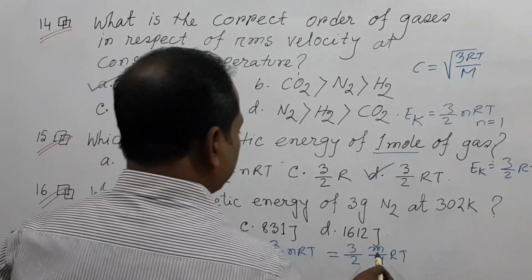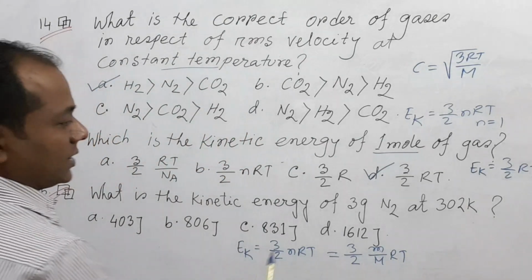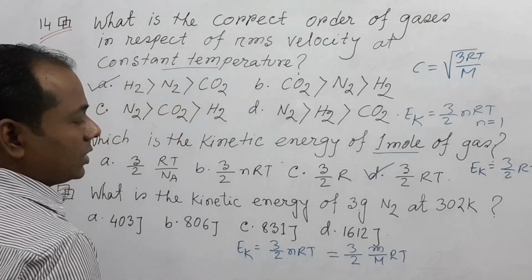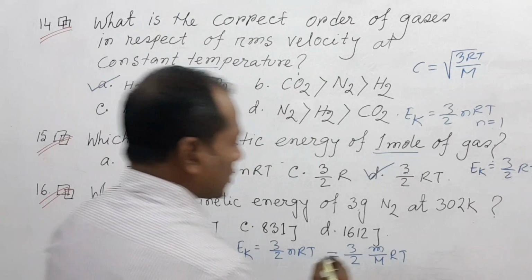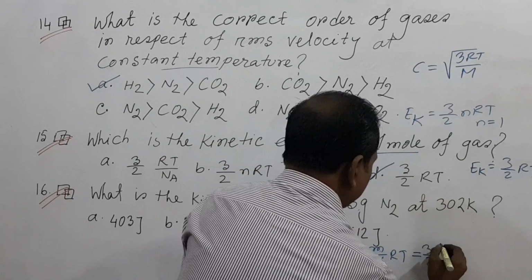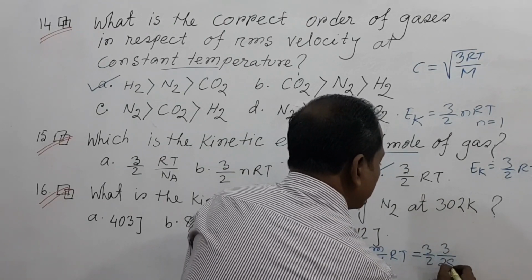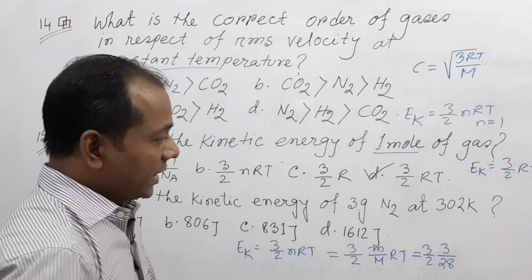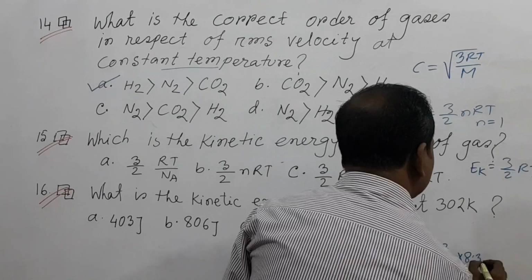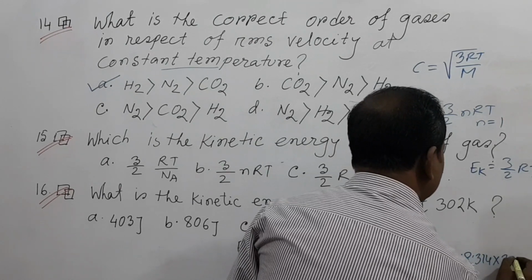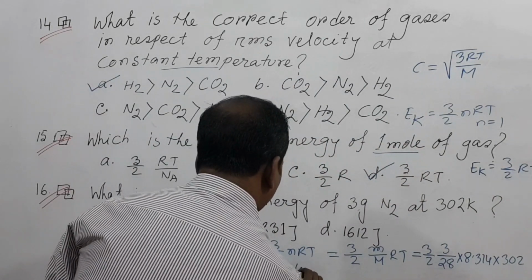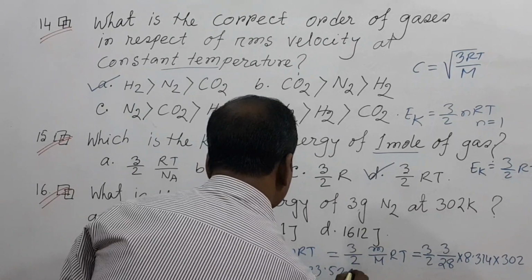Here small m is the given mass of nitrogen and M represents the molecular mass of nitrogen, and we get here 3 by 2, given mass of nitrogen is 3 divided by molecular mass of nitrogen, that is 28, and molar gas constant R equal to 8.314 into temperature 302 Kelvin, and we get the answer 403.52 joule.